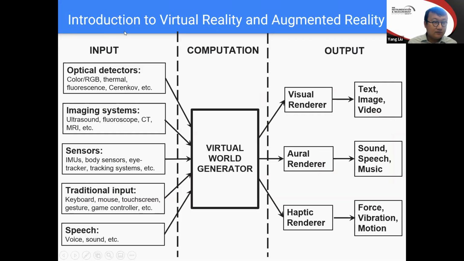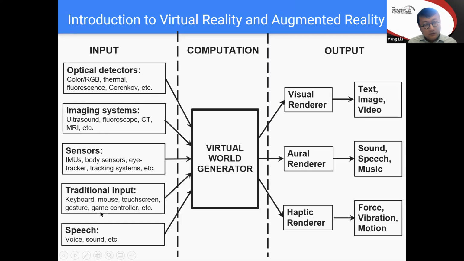It could also be a fluorescent camera, thermal camera, or even a detector of Cherenkov radiation. You could also have imaging systems, such as ultrasound, fluoroscope, which is dynamic X-ray, CT, or MRI. And on top of that, you could have sensors such as gyroscopes, including your IMUs, body sensors, eye trackers, and tracking systems.